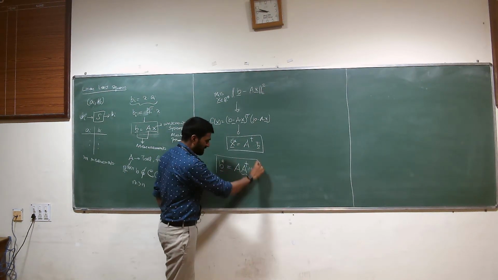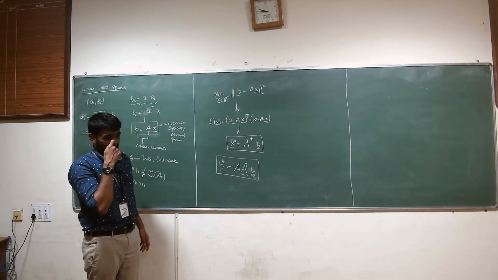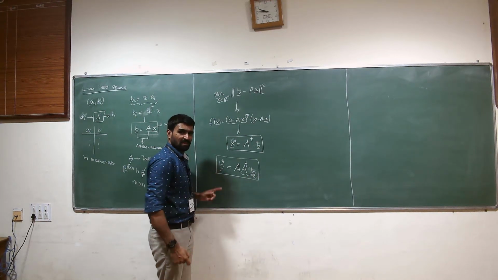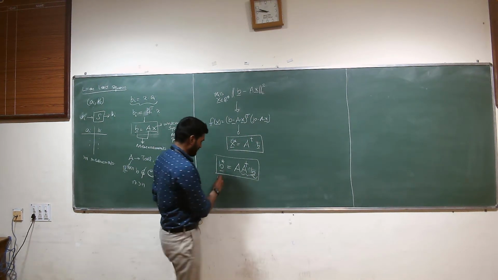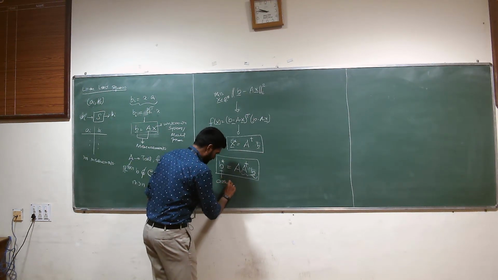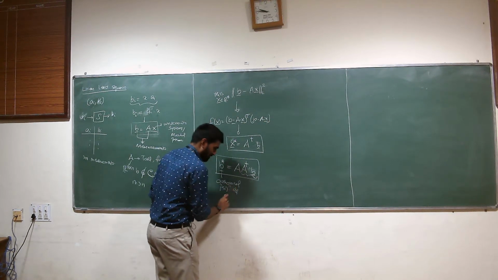And what are we doing here? Can we do this? What is the relationship between B star and B? Yes, B star is the orthogonal projection of what?